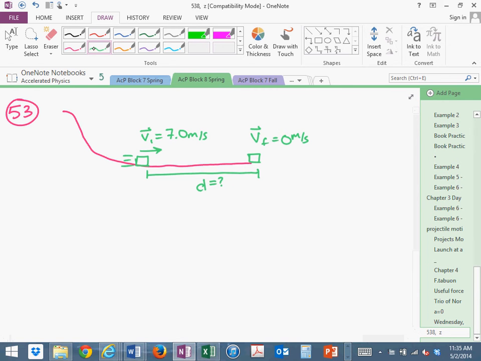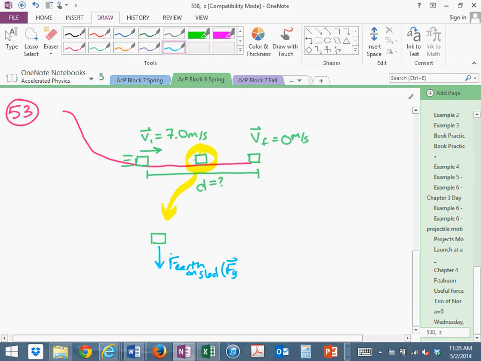Because if we look at some intermediate place, she's moving. What forces are acting on her while she's moving? I'm going to just draw it. Gravity, or the force of the Earth on the sled, Fg. And we know that value, right? It told us.